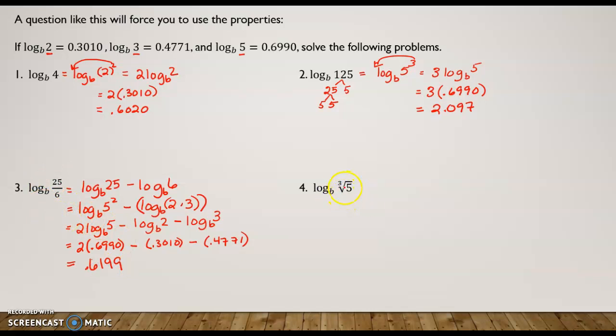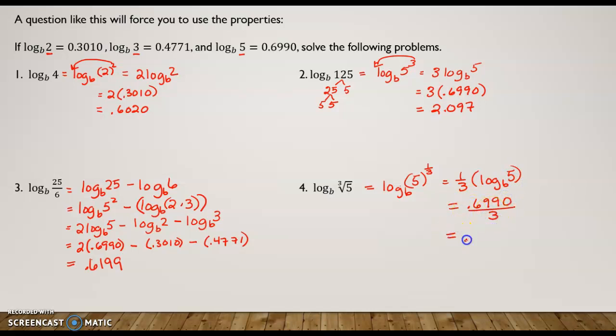So we got it here, the log base b of the cube root of 5. You've got to remember what a cube root is, and that's actually a rational exponent, 1/3. So this would be 1/3 of log base b of 5, which would be 0.6990 divided by 3.